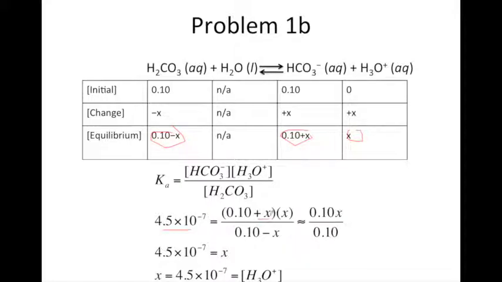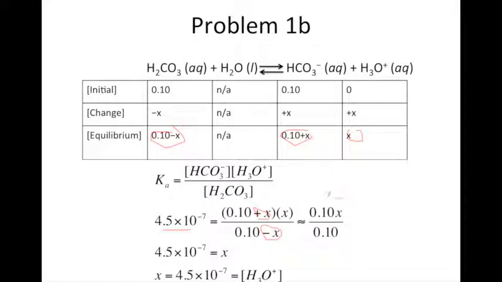Our plus X here and minus X value here, though, we can assume those to be negligible. Since we have a very small Ka value, we can assume very little dissociation, and we have a relatively large initial concentration. So the amount that we're losing from our initial or gaining here is going to be negligible.